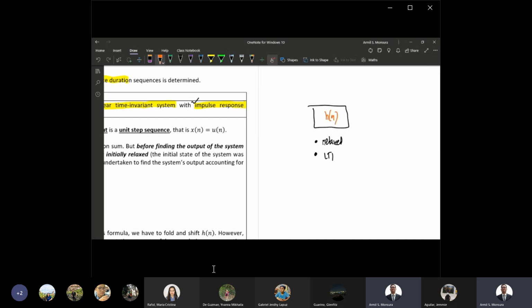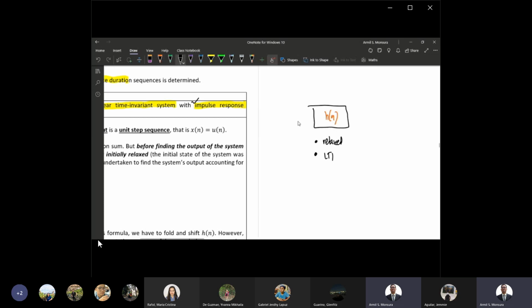Since ang system natin is represented by a block, then we can place yung h of n dun sa loob nung block so that it now denotes na yung h of n niyo actually describes or represents the system.